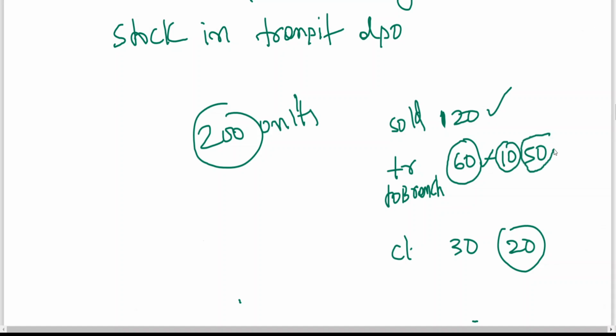So the transfer to branch is only 50. Out of 200 units purchased by head office, sold to outsiders 120, to branch 60, actually closing stock is supposed to be 20. Am I right? Closing stock is 20.